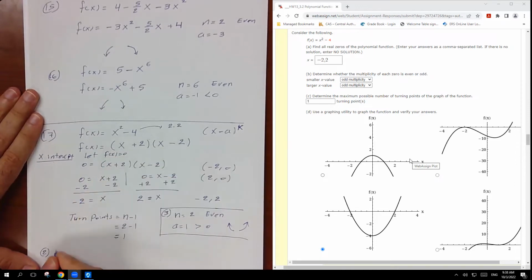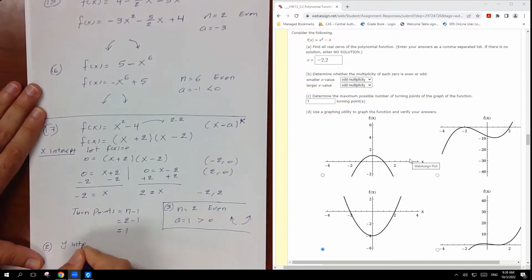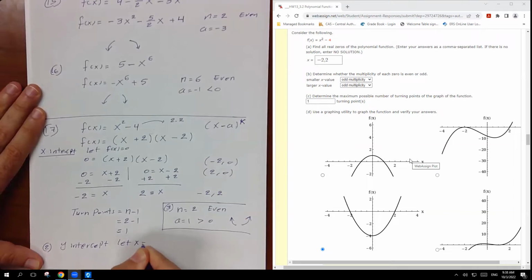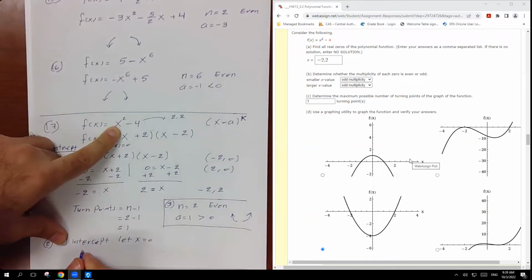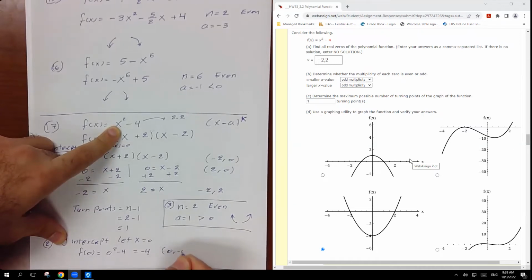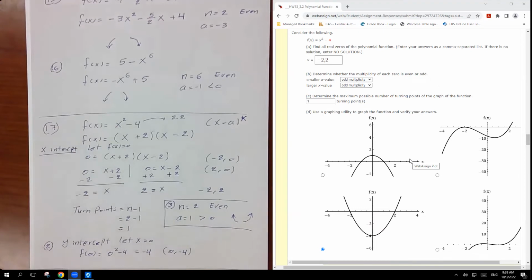And for the y-intercept, we let x equal 0. I'm going to plug in 0 here. So f of 0 equals 0 squared minus 4, which equals -4. That means it's 0, -4. So this is step 2, the y-intercept, which is right. Here is 0, -4. So this is the right option.